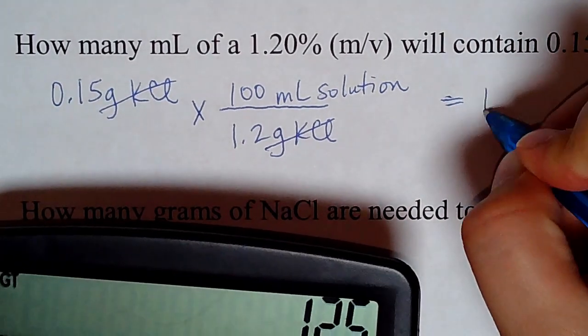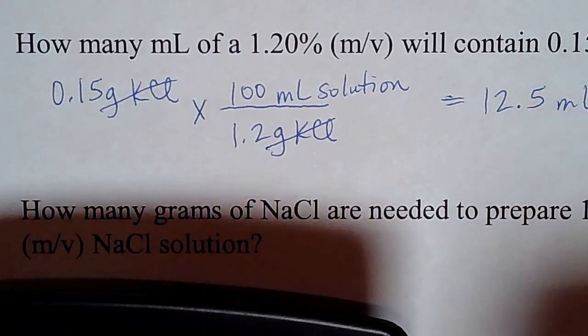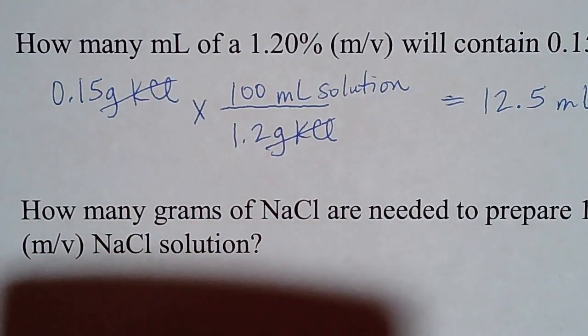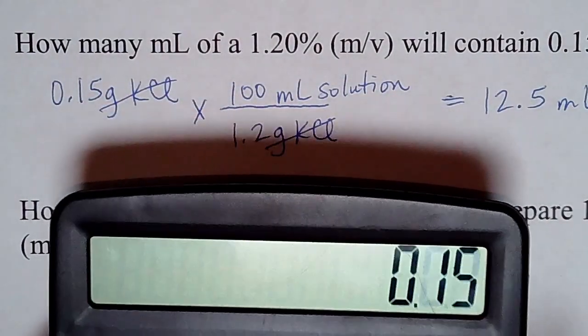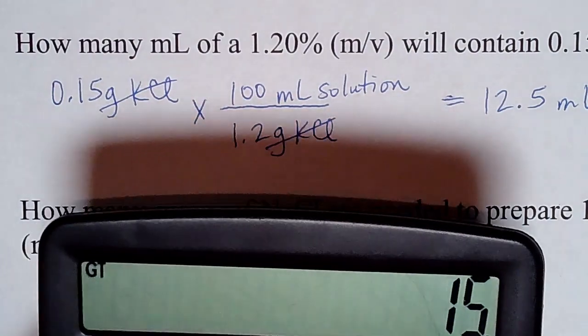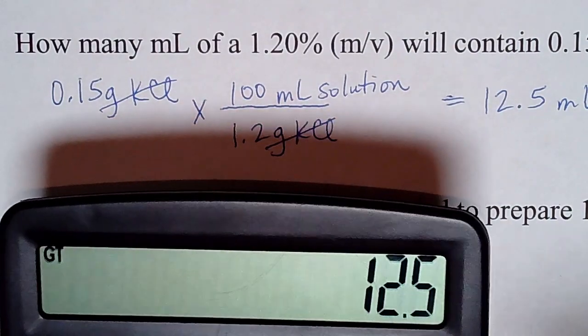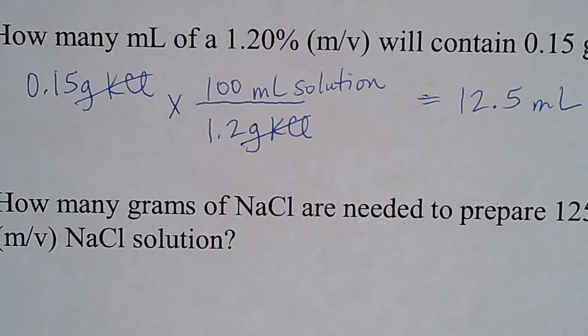So 12.5 milliliters. Okay, another way you could do it is go across the top. 0.15 times 100 divided by 1.2. Okay, you get the same thing. So we have 12.5 mils that could contain our appropriate amount of grams. Let's look at the second one.